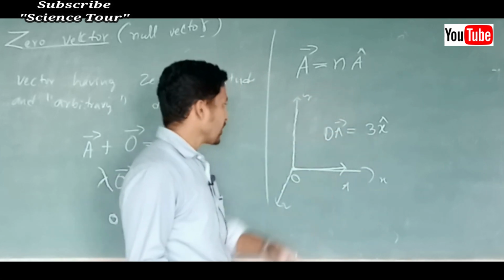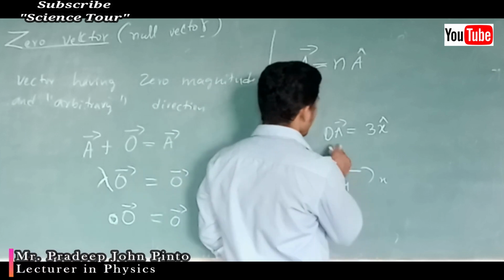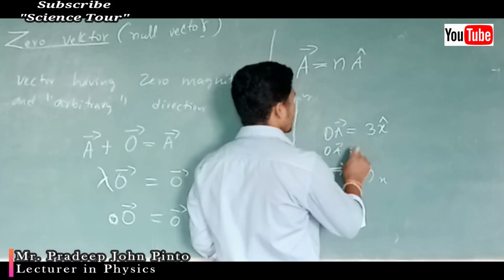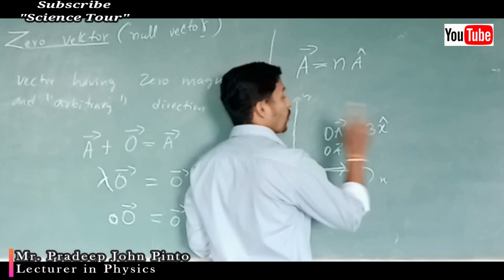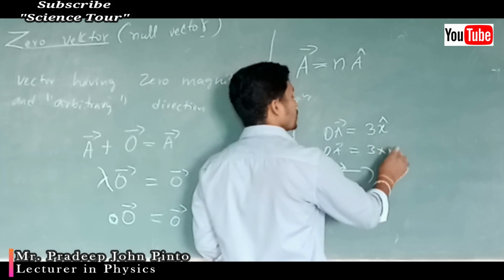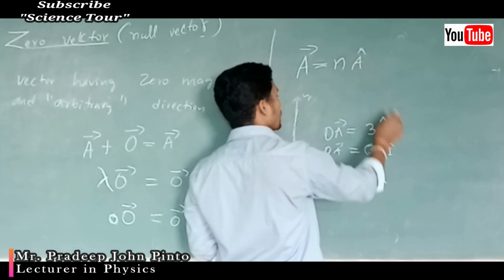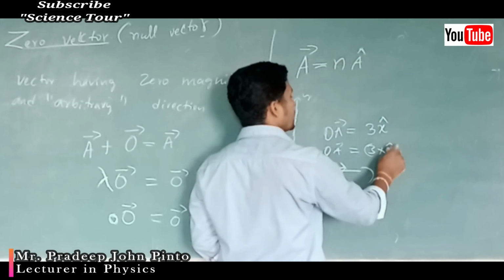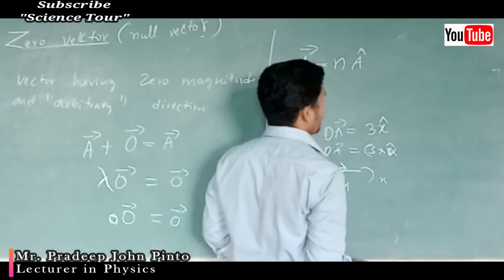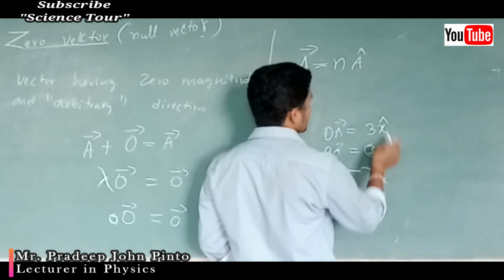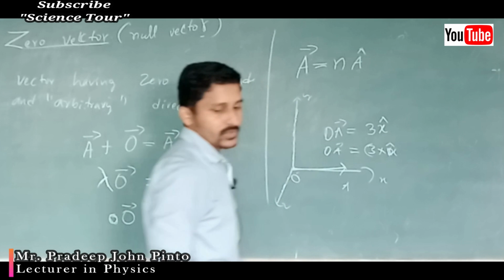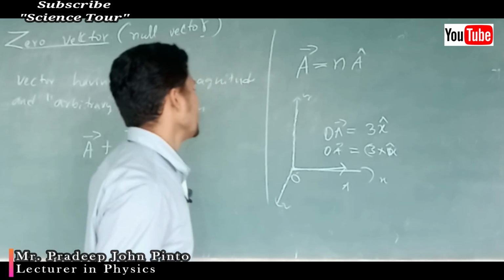But how can I write it? The unit here is 1, so 3 into 1 cap. 3 is a scalar, and the 1 vector is 1 times x cap. Means 1 time is a unit vector, a unit vector in any direction.